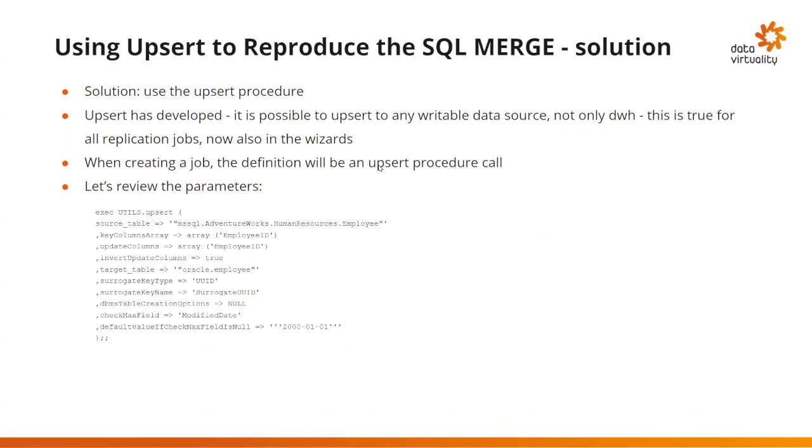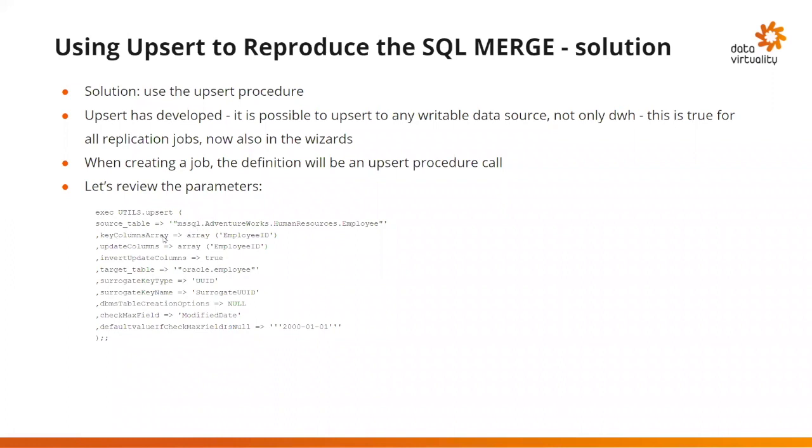So there's nothing stopping you from doing this procedure call on your own. And these are the parameters as they present themselves right now. As you can see here, it used to be a parameter DWH table, but now it's source table to make it more clear that it can be anywhere. Here we are also not using DWH in our example.